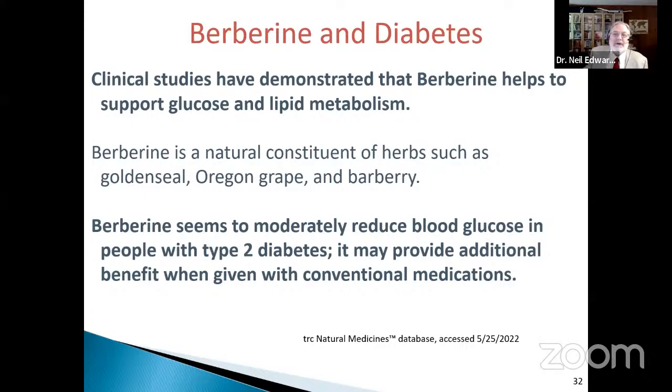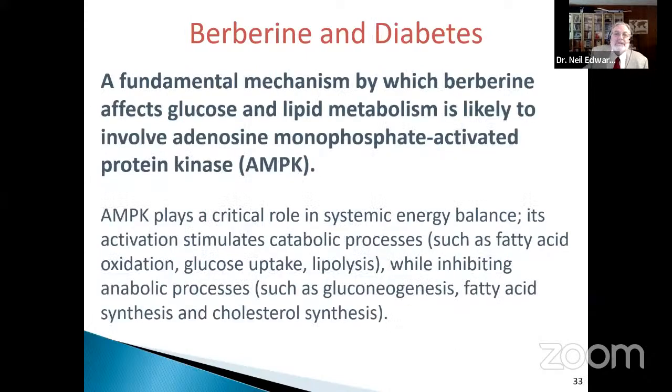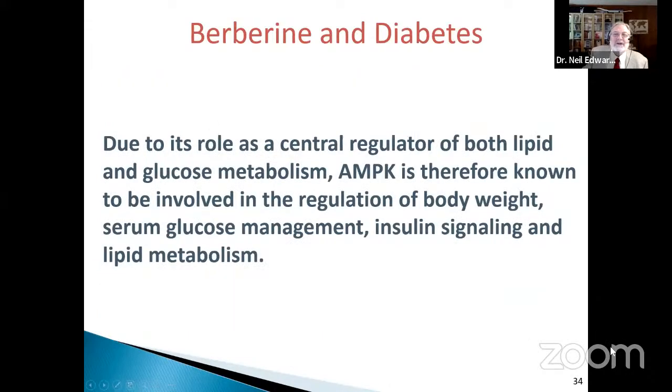It reduces blood glucose in type 2 diabetics and might work with conventional medications as well. It works on the adenosine monophosphate activated protein kinase and inhibits gluconeogenesis and some other interesting factors.